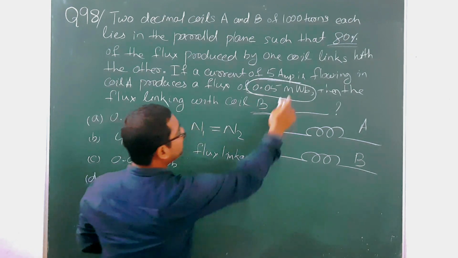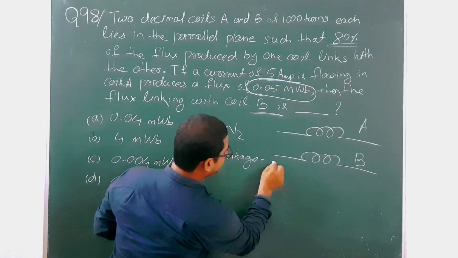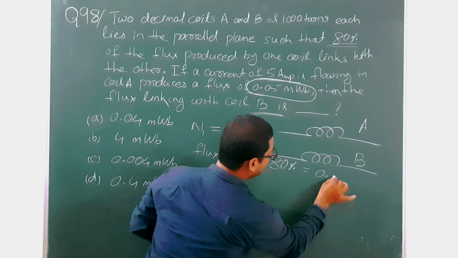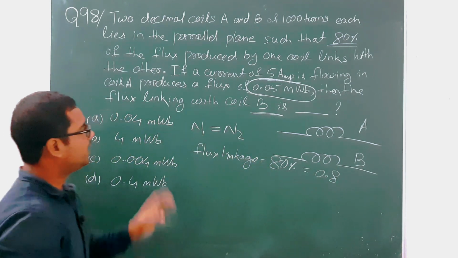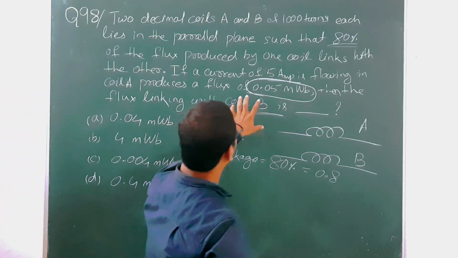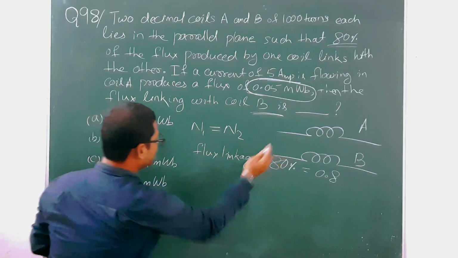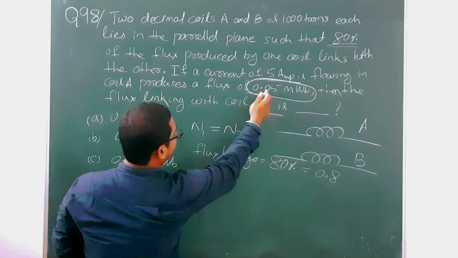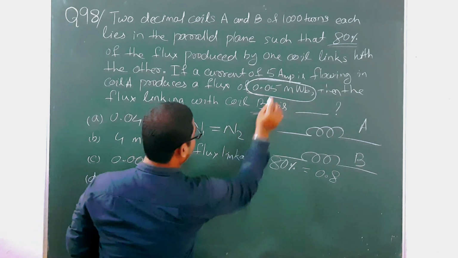So it will be 0.8. So 80% of the flux is being linked with coil B. Phi A is given. This is your phi A.